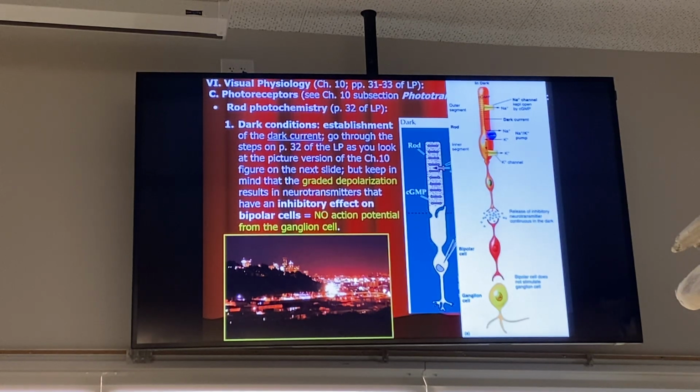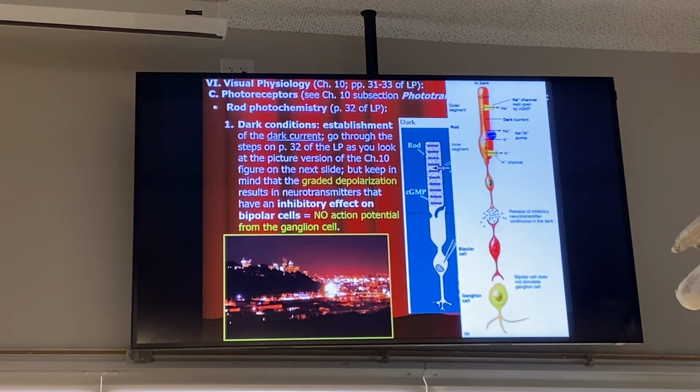In the case of rods, the protein is scotopsin. Okay, does that ring a bell from Monday? And when light hits it, the double bond changes to a single bond and it becomes trans retinine, straightening out and partially separating from scotopsin. Okay? So that's the first 4 bullets right there.